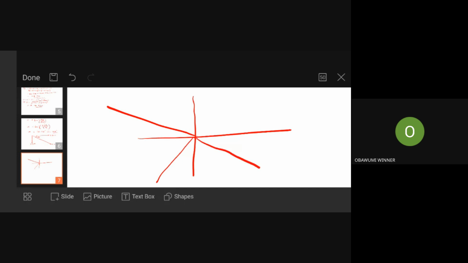So let me give you one to practice. I'll simply sketch the forces like this. I have one here, I have one this way, I have one this way. I'll put in their values. I have one this way.